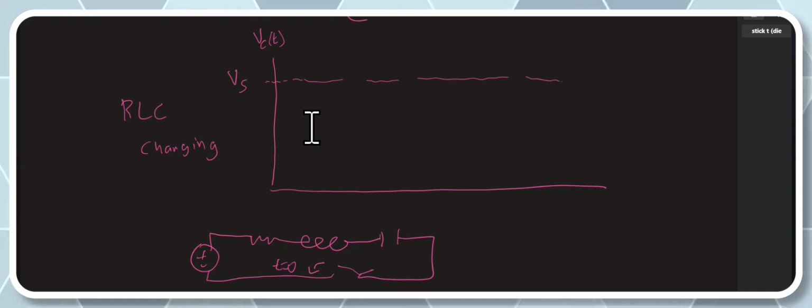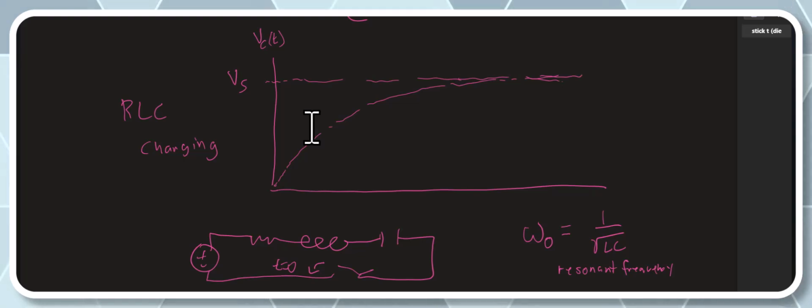If I have a circuit at the resonant frequency, so if omega naught equals 1 over the square root of LC, that means it's going to approach Vs in the smoothest, quickest way, exponentially approaching it, and we call that critically damped.